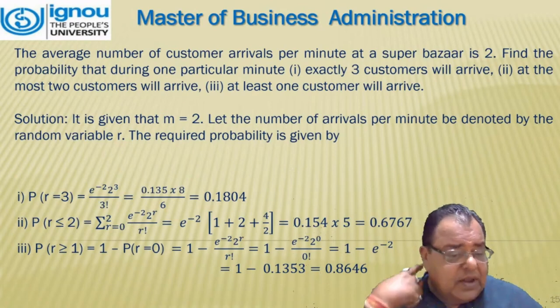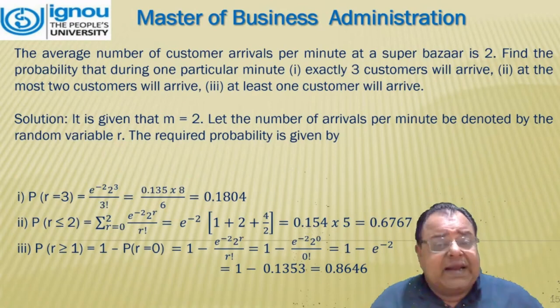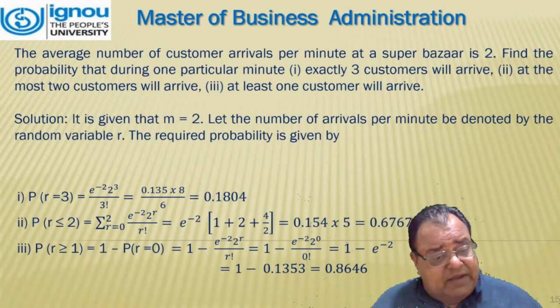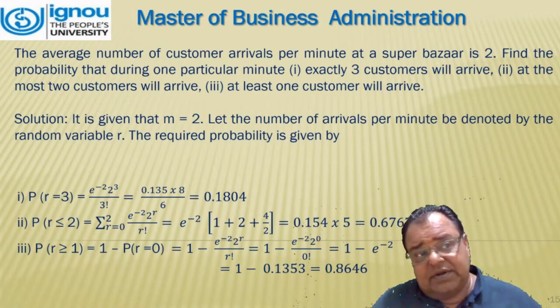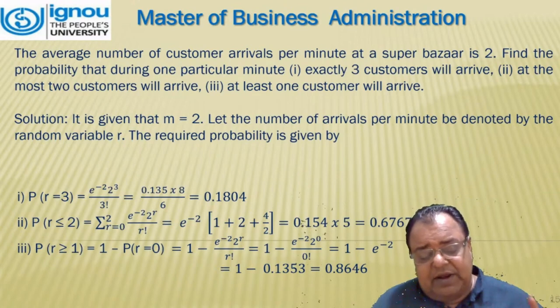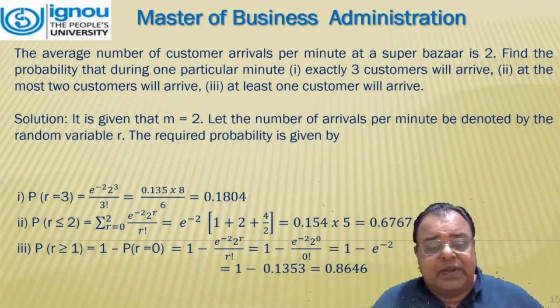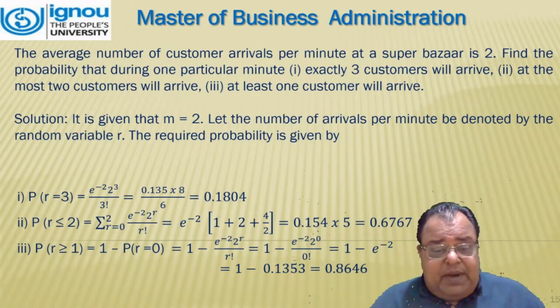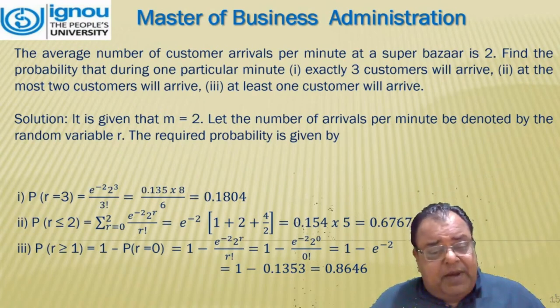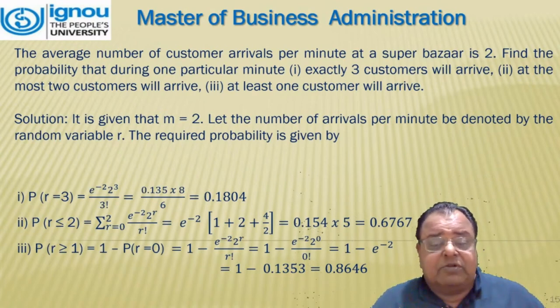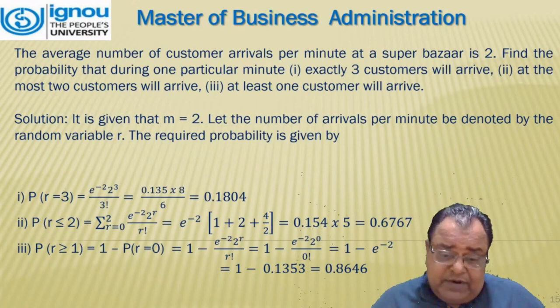The third case is at least 1 customer will arrive. That means minimum of 1, so we will be subtracting the value for no customer from 1. 1 minus e raised to the power minus lambda times lambda raised to the power r upon r factorial.